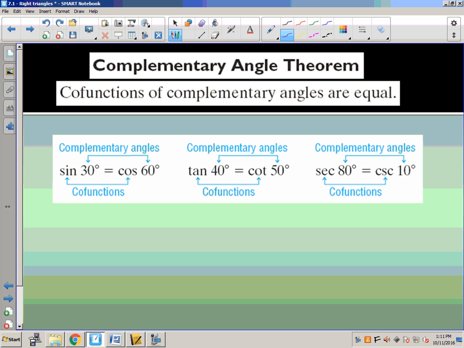All right, let's see if you get this. Let me give you a fill in the blank problem. The cotangent of 20 is equal to, now give me a different trig function and a different angle. The tangent of 70, agreed?